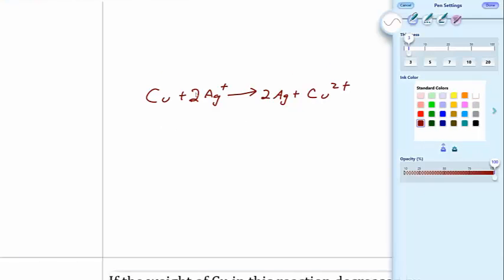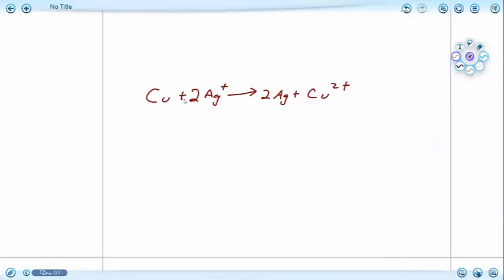We start off with copper metal, and that copper metal is converted into copper ions. Notice how we go from an oxidation state of 0 to an oxidation state of 2+. Therefore, we have loss of electrons, and loss of electrons is an oxidation.